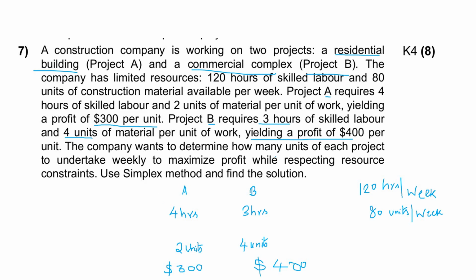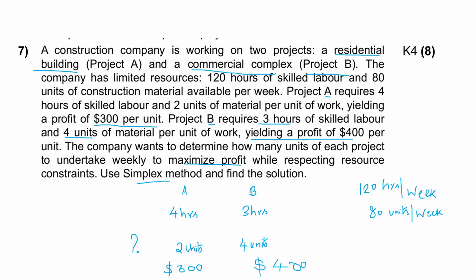The company wants to determine how many units of each project to undertake weekly to maximize the profit. That means how many units should be undertaken so as to maximize the profit of the company. So you can use the simplex method and find the solution.